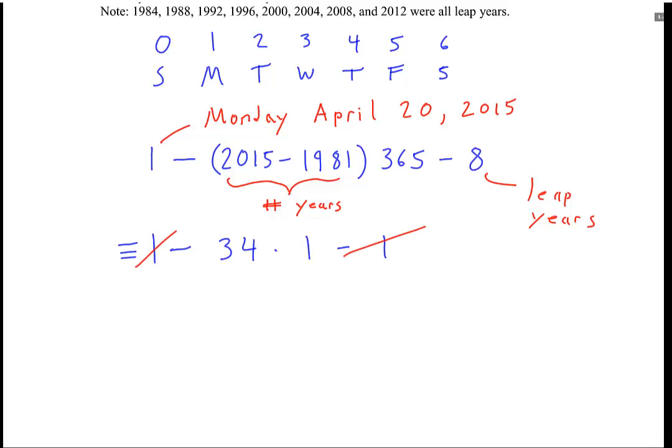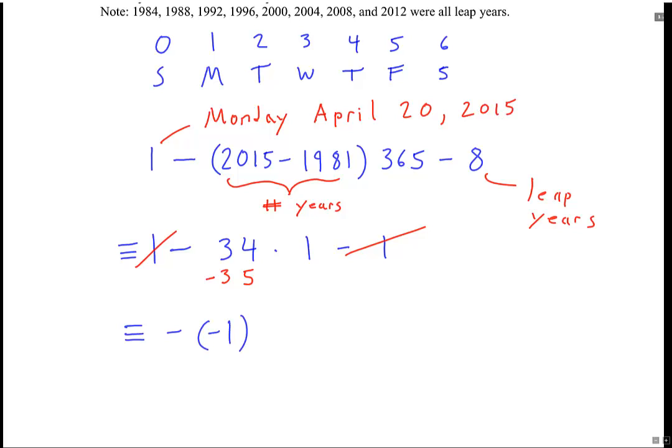And the 34, we'll reduce that as much as we can. How about we take 34 and we subtract the closest multiple of 7 that we can think of? So how about we subtract 35? Okay, so this gives us minus 1 when we take 34 and subtract 35.